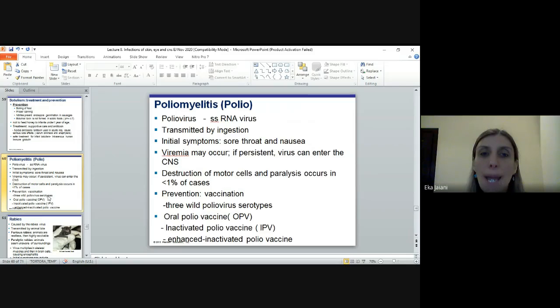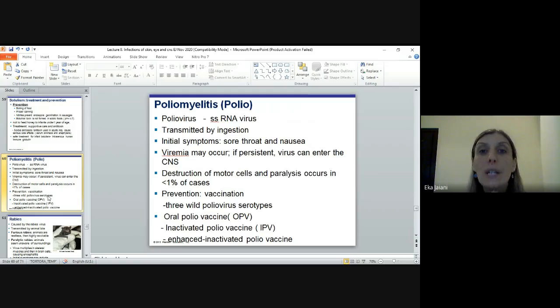And what is the symptom of polio? I will briefly describe poliovirus. It infects humans through the fecal-oral route when we drink water or eat contaminated food. Poliovirus first replicates, so multiplies, in the GI tract, and then moves to the blood and infects also peripheral nerves and goes to the CNS.